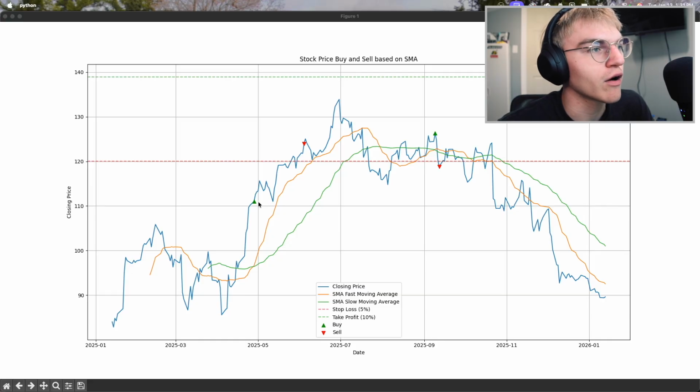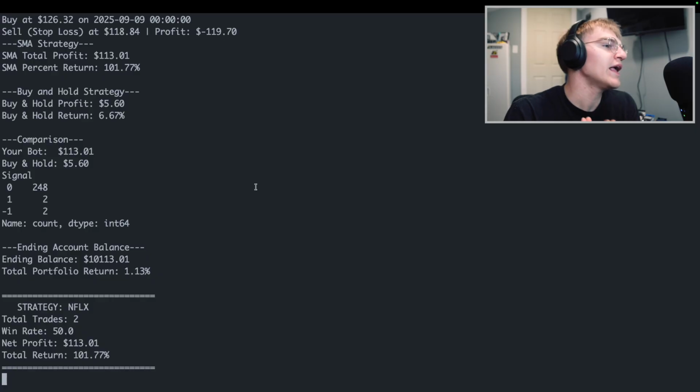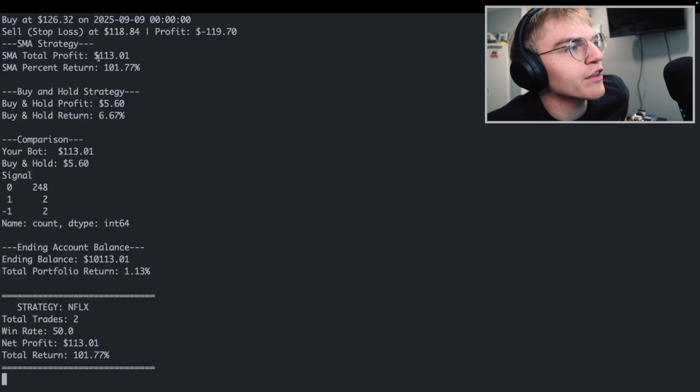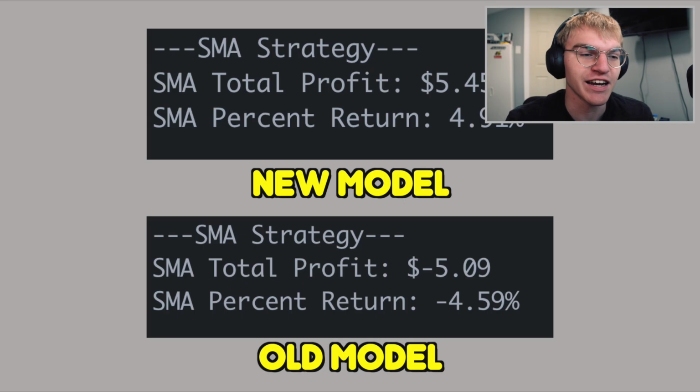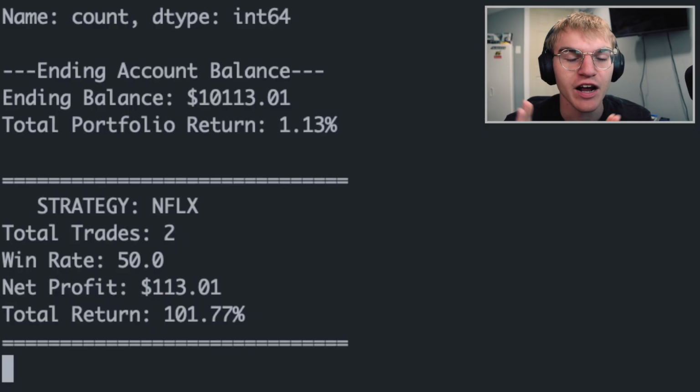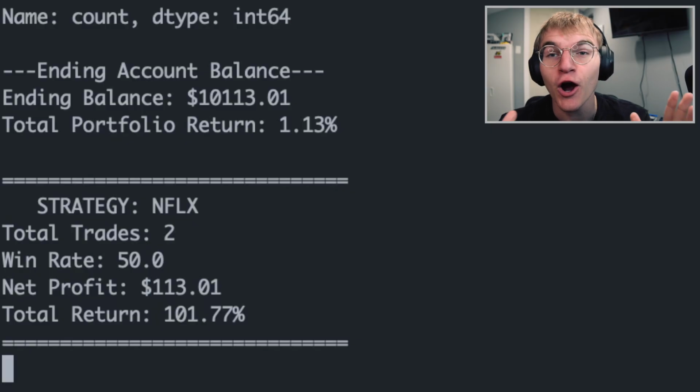Same thing with here. We got a buy in here, and then we could see that we made money also here. We net profit a total of $113.01. As you guys can see, we are outperforming our original model. We're making $113 over the course of a year using our bot.